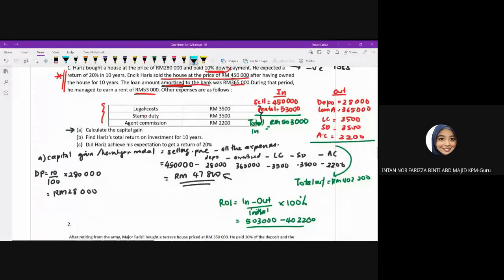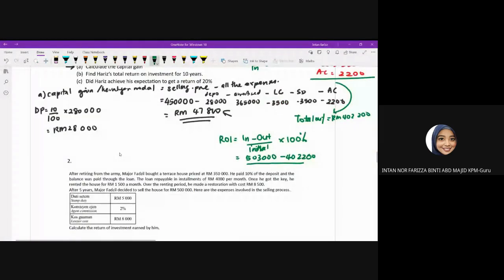Okay, initial mana, girls? Okay, this is the initial one. He bought the house for 280,000. Okay, this is the original amount. So I'm going to put it here, and I'm going to scroll down. 280,000 times with 100%, girls. Okay, all right. Can you please try? Press the calculator.